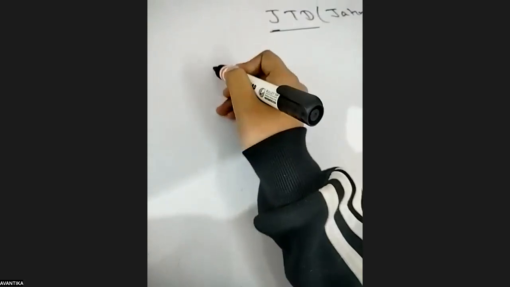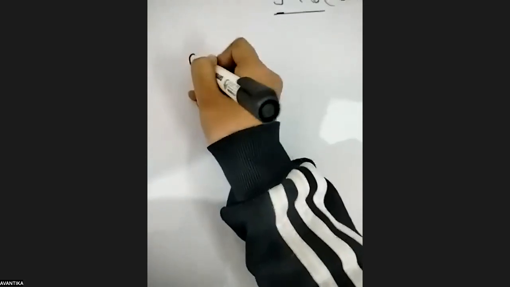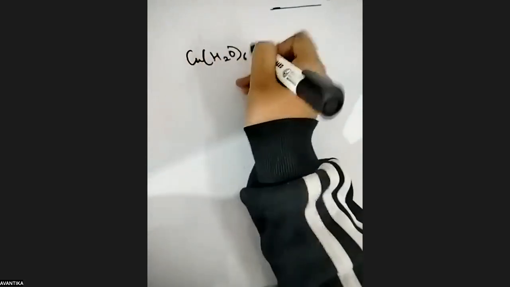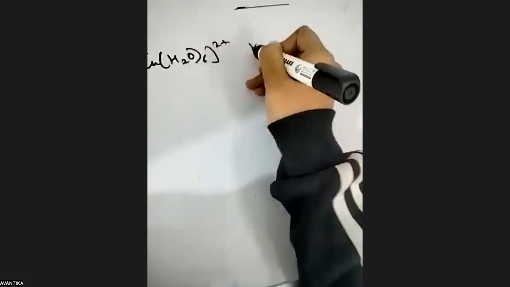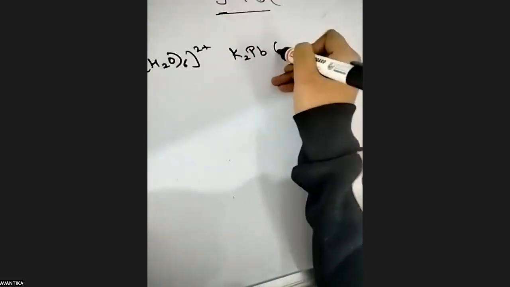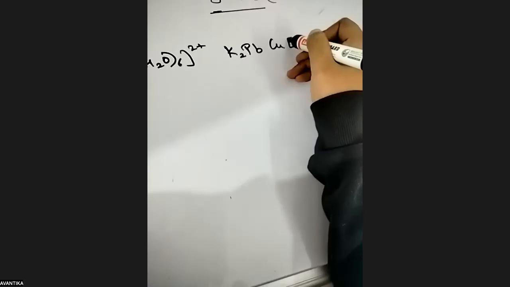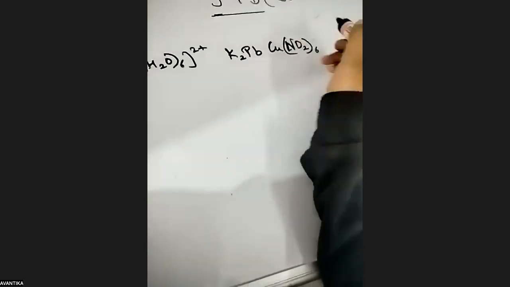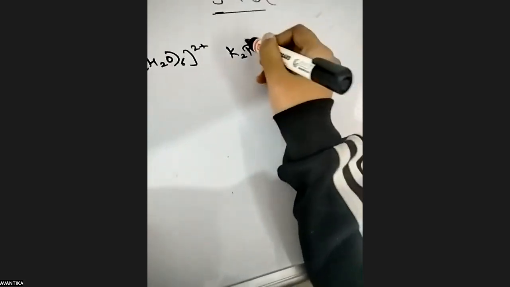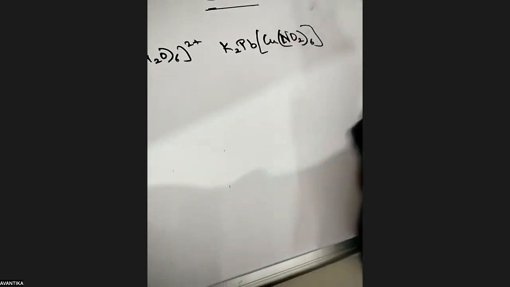And further, we can take four examples here. If we have taken [Cu(H2O)6]2+ and K2Pb[Cu(NO2)6], here in both cases copper is in +2 oxidation state.